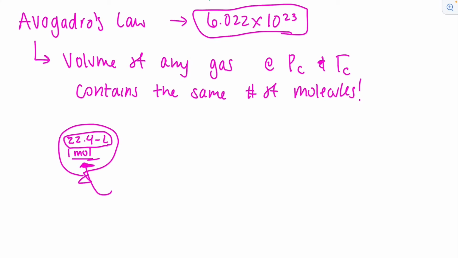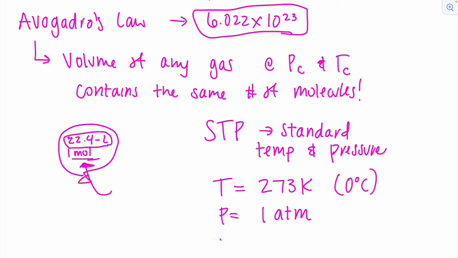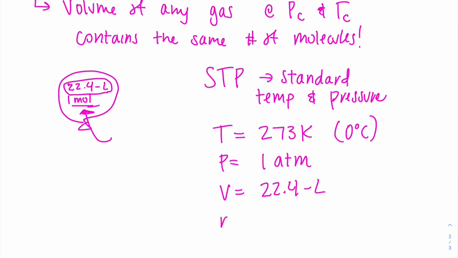And so this gave rise to STP, which is standard temperature and pressure. So standard temperature and pressure states that at a temp equal to 273 Kelvin, which is 0 degrees Celsius, and a pressure equal to 1 atm, a gas that has a volume of 22.4 liters will contain 1 mole, always.